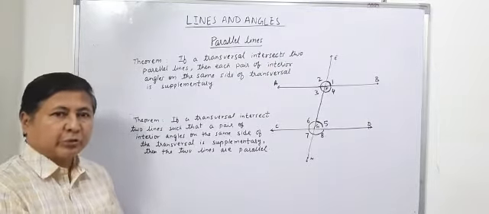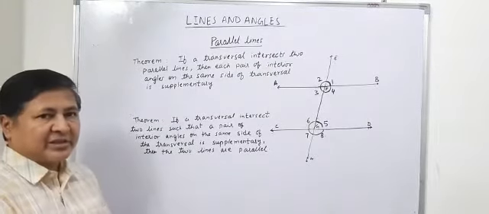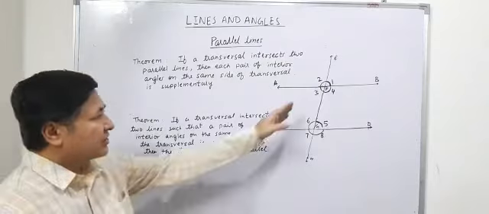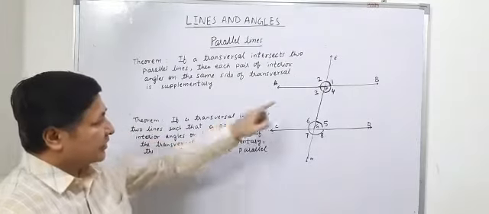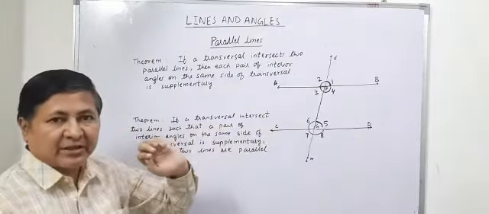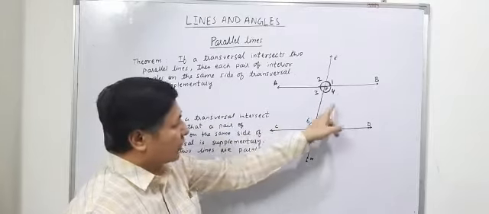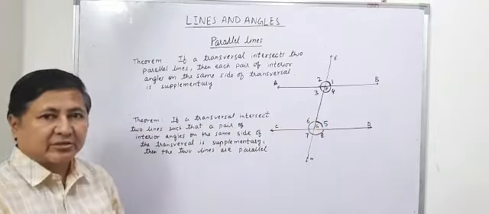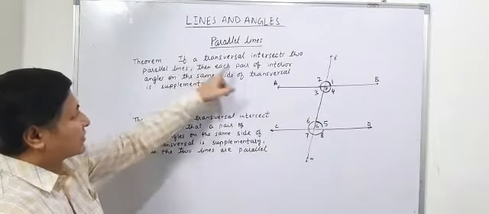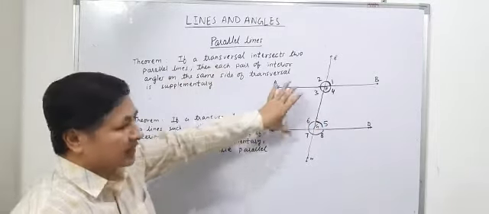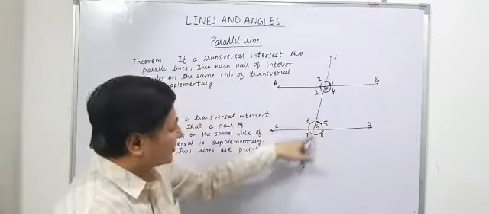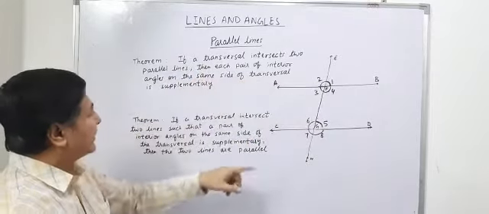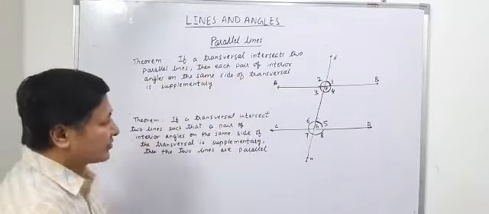Now let us take co-interior angles, or we can say the interior angles on the same side of the transversal. Angle 3 and angle 6 are on the same side of the transversal, and angle 4 and angle 5 are on the same side of the transversal as well as interior. If a transversal intersects two parallel lines, then each pair of interior angles on the same side of the transversal is supplementary.